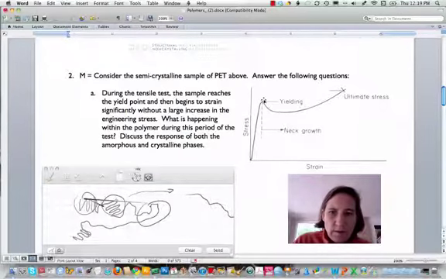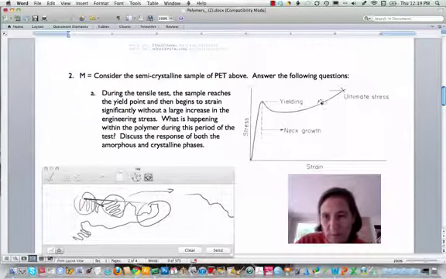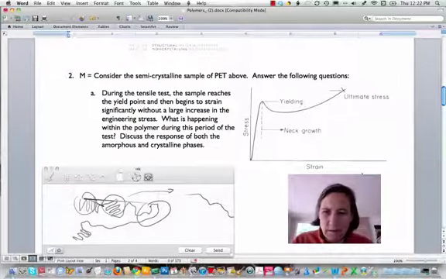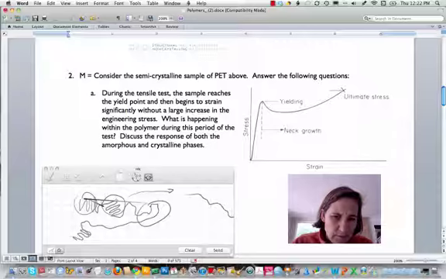And so the additional elongation is being accommodated by the unzipping of these crystalline regions. Ultimately, you'll get to a point where you can no longer unzip the molecule, and you actually have to pull on the bonds within the chain itself.